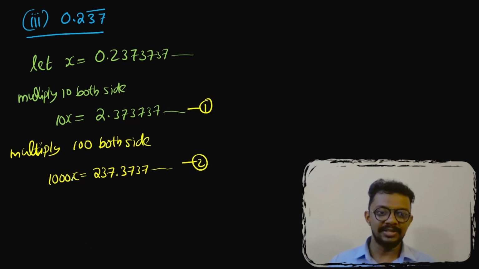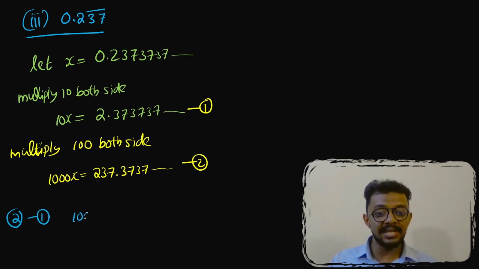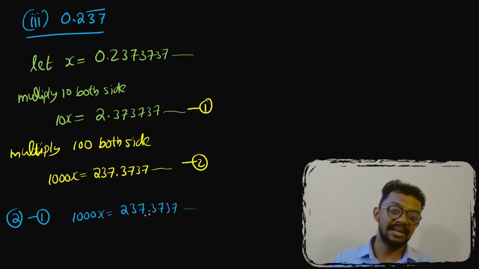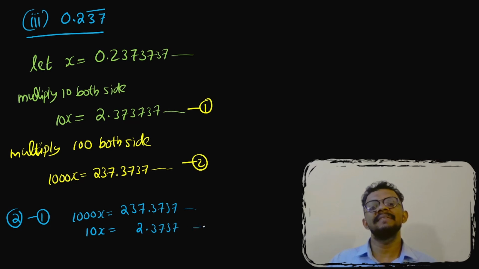Okay. Now we can do that. I have to find equation 2 minus equation 1, exactly the same as we did previously. Equation 2 says 1000x is equal to 237.3737, and it's never ending. Equation 1 says 10x is equal to 2.3737, never ending.